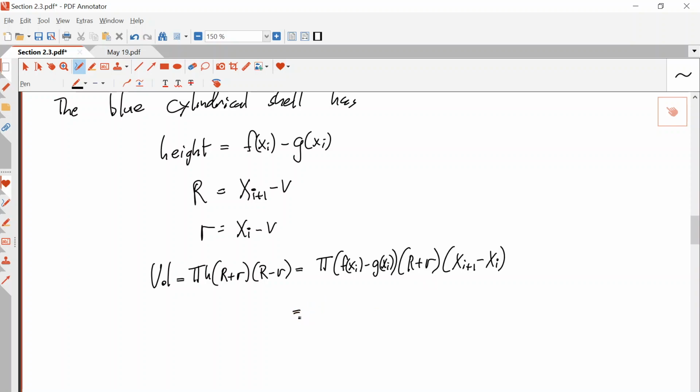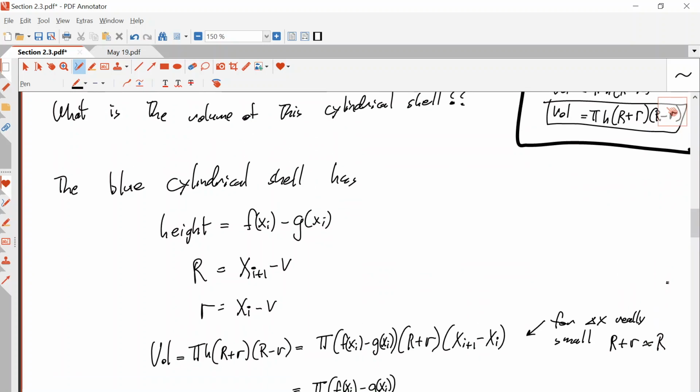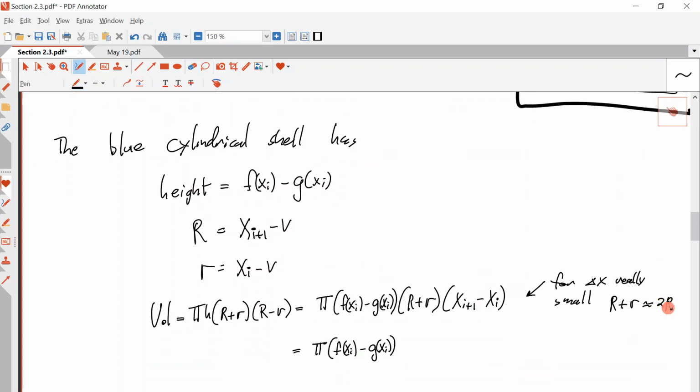So this is equal to pi times f of x_i minus g of x_i. And now, for delta x really small, which is what it's supposed to be, big R plus little r is approximately equal to 2r, or 2 little r will do.